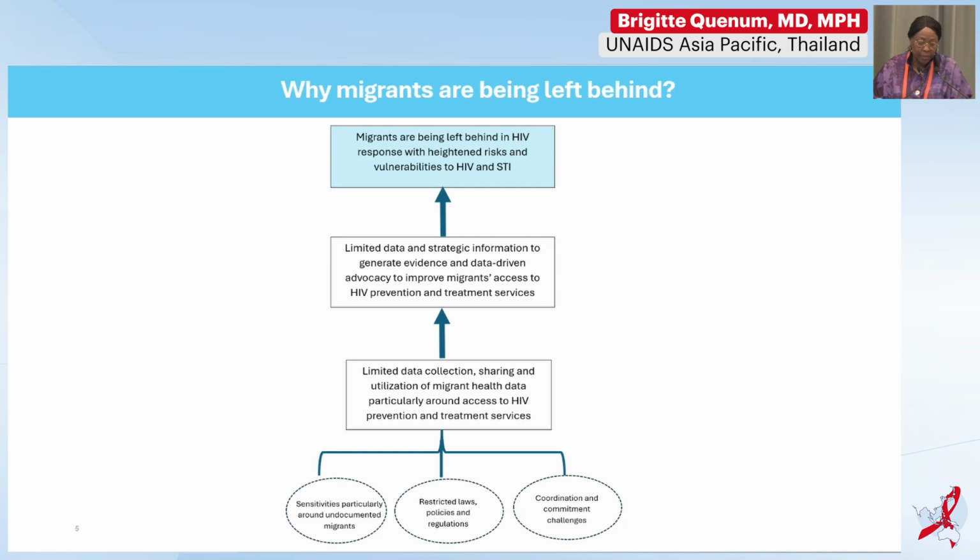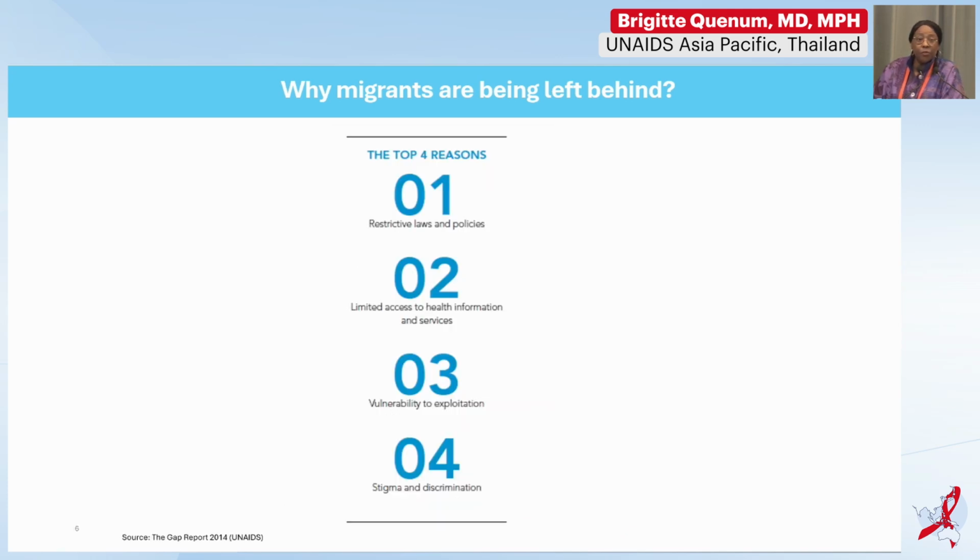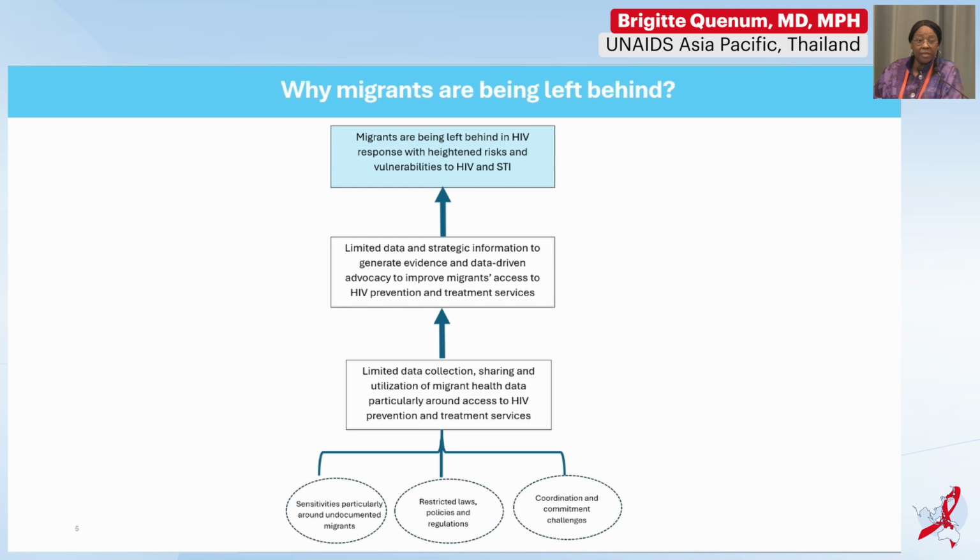So why, in the previous slide, we just talked about inequalities and vulnerabilities faced by migrants. These are the facts, but we have limited data on migrants. Why? Here you need to read the slide from the bottom to the top: political sensitivities, coordination, and commitment challenges, compounded by restrictive laws and policies, hamper the data collection, sharing, and utilization of migrant health data.